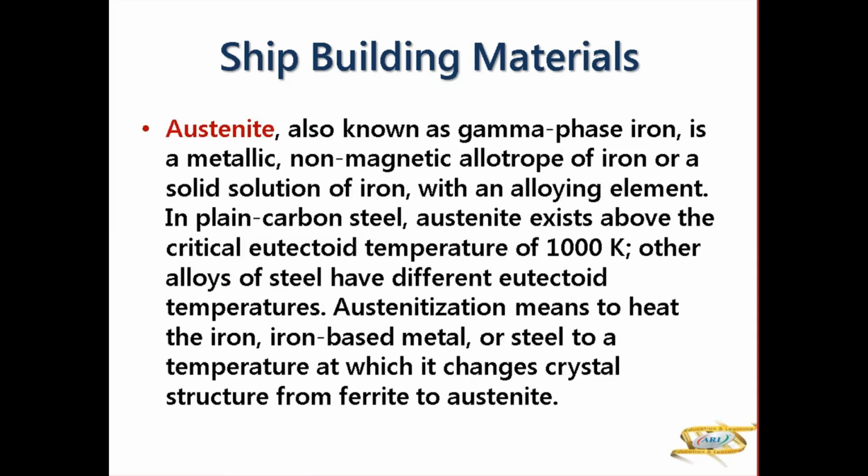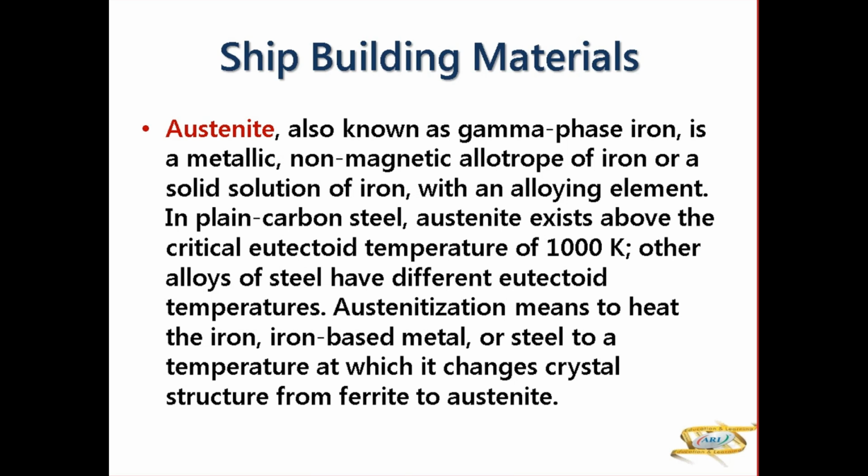Now there is another form of Fe3C whose molecular structure changes due to heat treatment. This is known as gamma phase iron, a metallic non-magnetic allotrope of iron, or a solid solution of iron with an alloying element. In plain carbon steel, austenite exists above the critical eutectoid temperature of 1000 degrees Kelvin or 723 degrees Celsius.